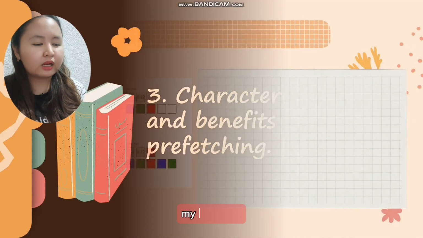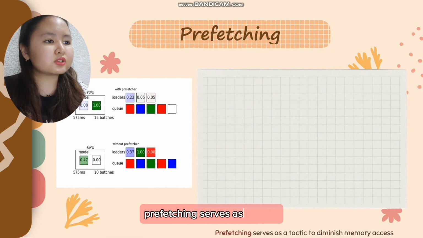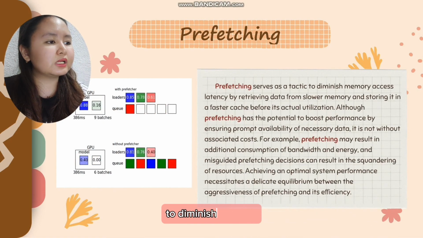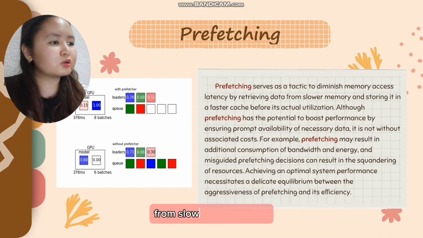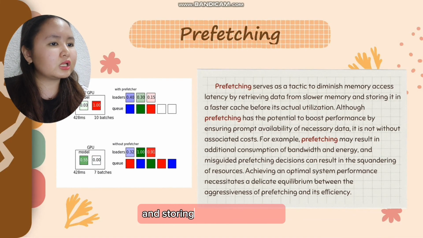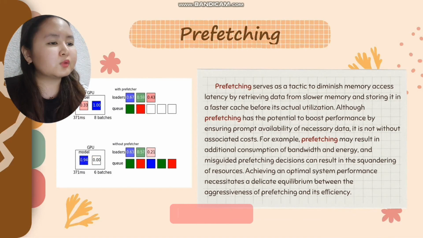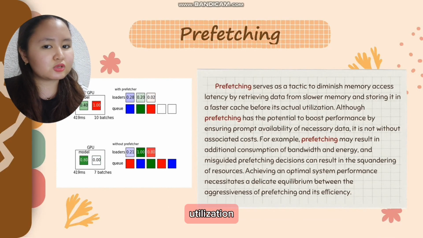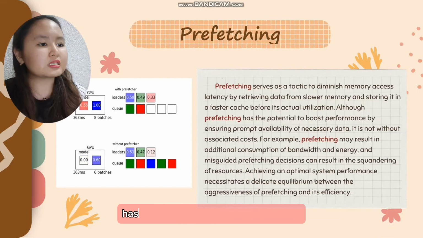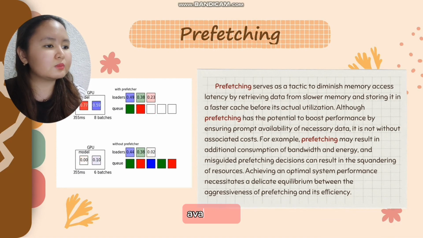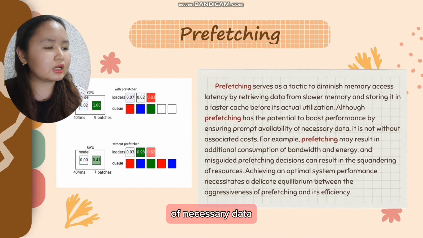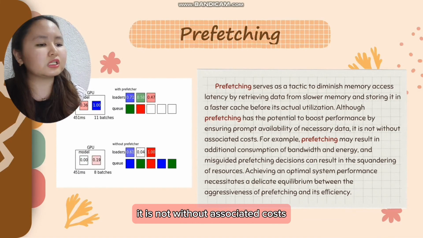Familiarity. My answer is, prefetching serves as a tactic to diminish memory access latency by retrieving data from slower memory and storing it in a faster cache before its actual utilization. Although prefetching has the potential to boost performance by ensuring prompt availability of necessary data, it is not without associated costs.